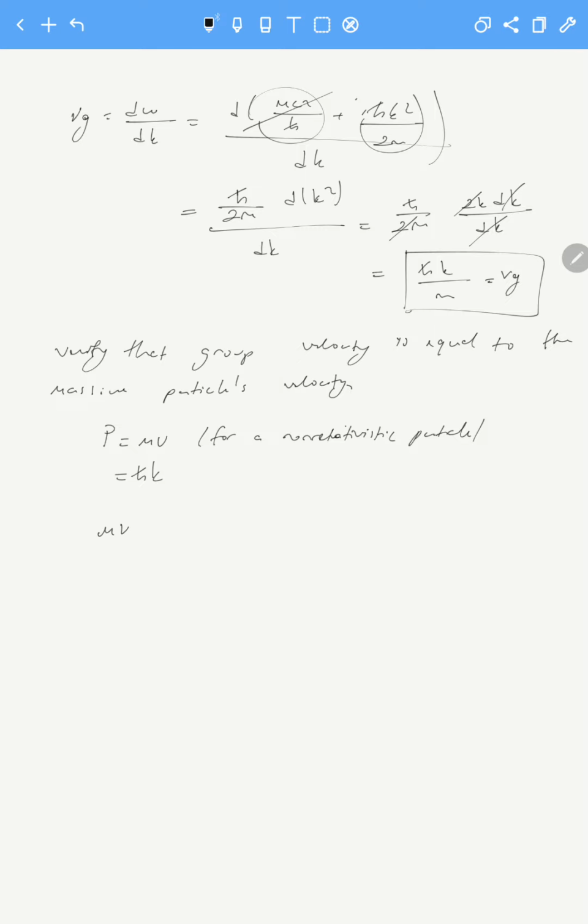Now we just stare at this equation and divide it by m to make this part equal to the group velocity. Now this gives us that the velocity of the particle is equal to the group velocity. Okay, proven. Moving on.